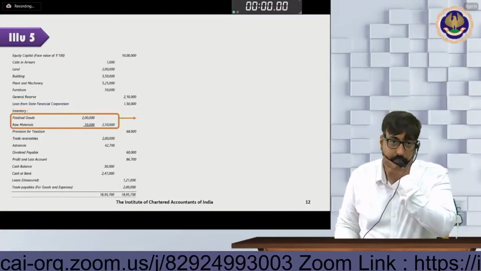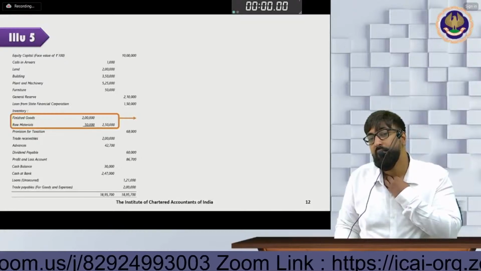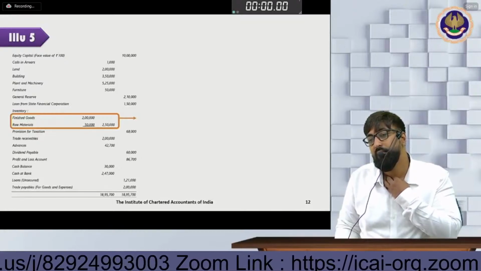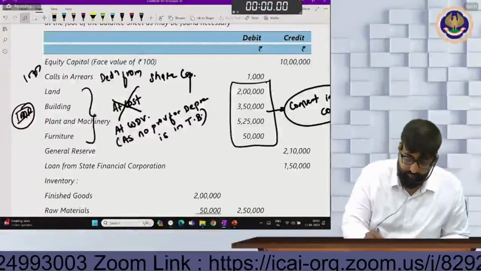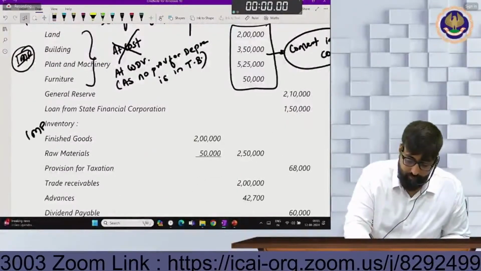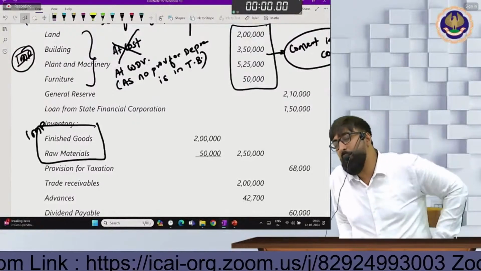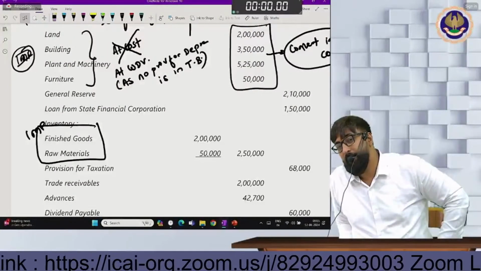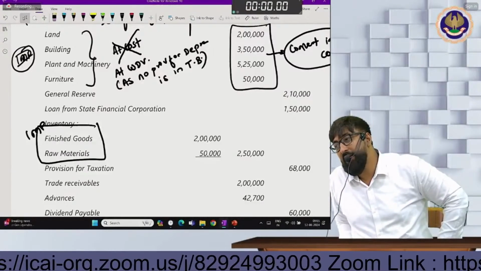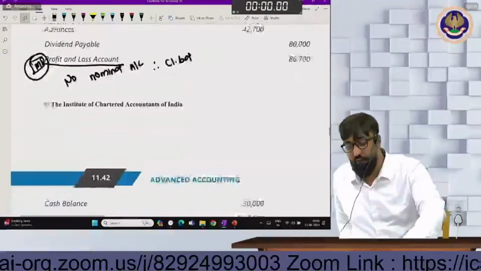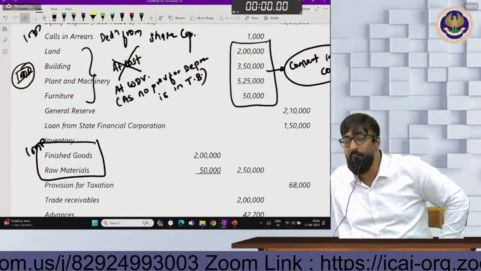Inventory. Is this opening or closing? Inventory 2 lakh. So this is opening inventory, sir. Again IMP. See, beta, whether P&L is open or closed. Sorry, sir, P&L is already closed, no? Yes, sir, P&L is already closed, as nominal accounts are not appearing.